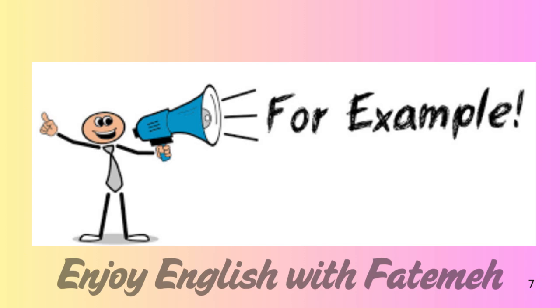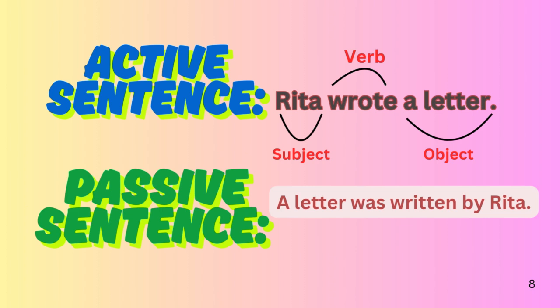For example, we can look at these examples. Rita wrote a letter. In this sentence, Rita is the subject, wrote is the verb, a letter is the object. How can we change it? A letter was written by Rita.